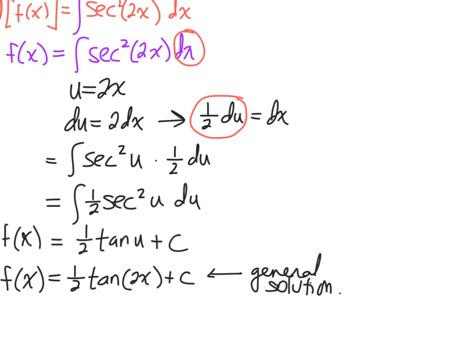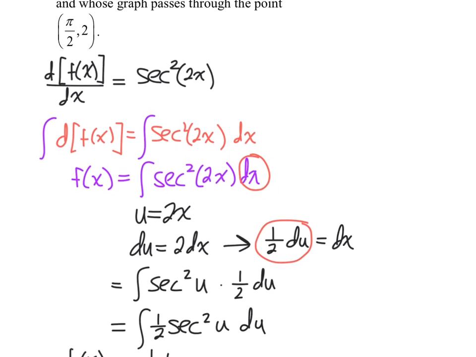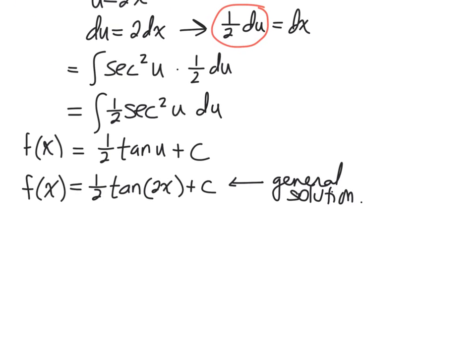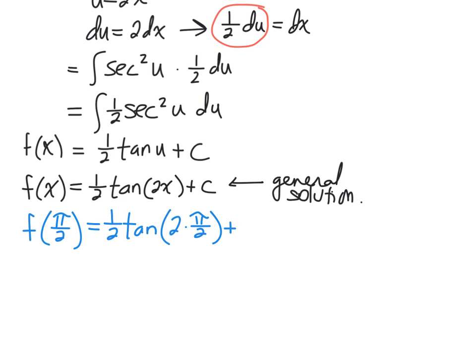The condition that was given is (pi over 2, 2). So f of pi over 2 would swap out the x for a pi over 2, and the result should be equal to 2.